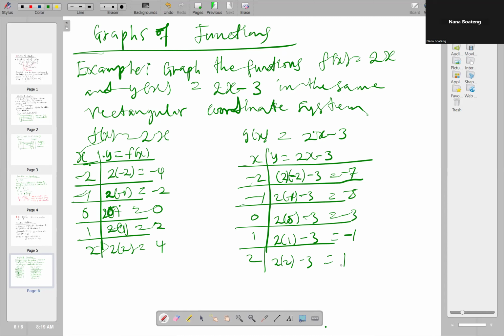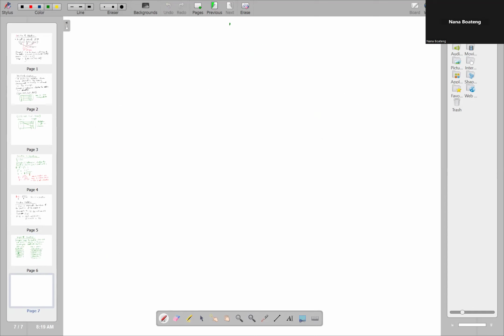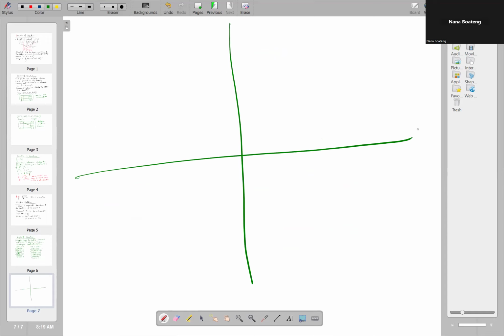So we can now plot these points on the graph as such. Let's try to do that. This is 2, 4, 6, 8. This is negative 2, negative 4, negative 6, negative 8.